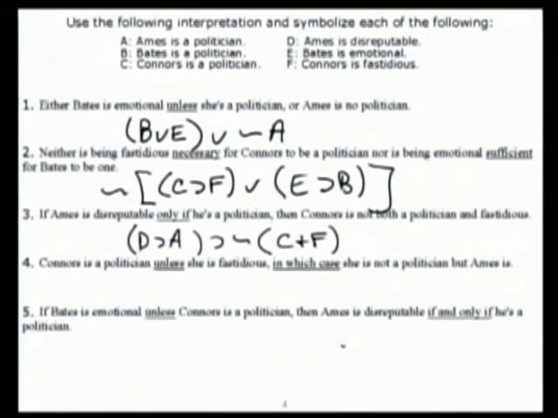C or F, or the quantity C or F. Oh, yeah. And the quantity F implies A. Oops. I would have written more, because there's a, she's not a politician.